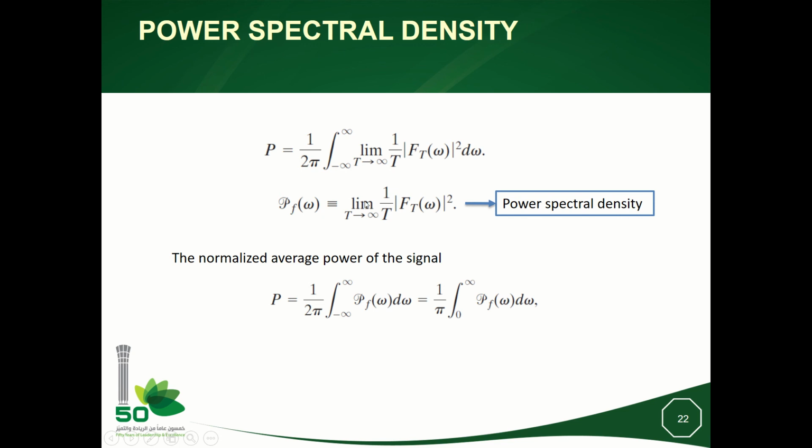Now we will call the power spectral density P sub f of ω the limit of 1 over T absolute value of the Fourier transform of f sub T elevated to the square. And this by definition will be the power spectral density of the signal.